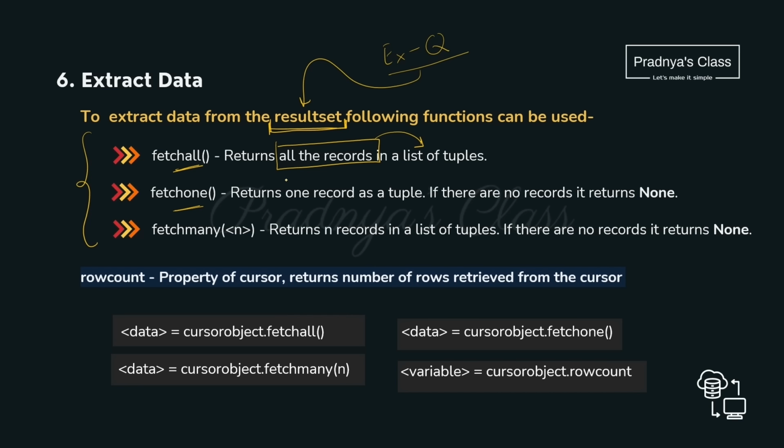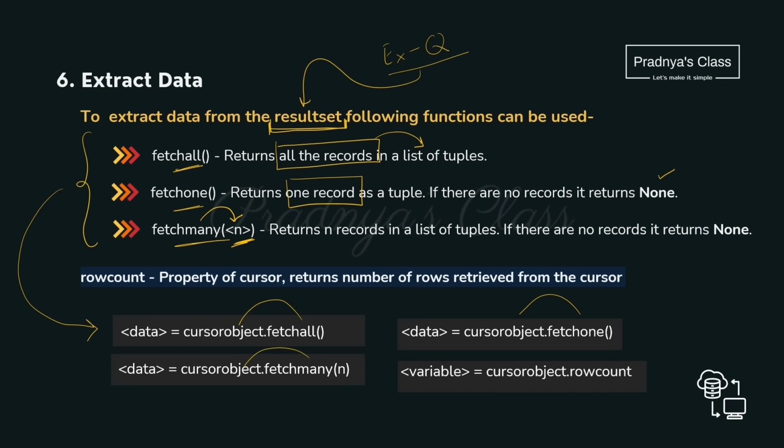It will only fetch one record, and if there are no records, it will return None. There is one more option with the help of which you can extract a specific number of records. The name is fetchmany. You will be providing the parameter n, that is nothing but the number of records. Look at the syntax. These functions work with the cursor object: fetchall, fetchone and fetchmany.